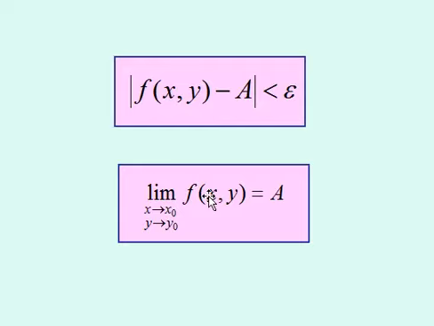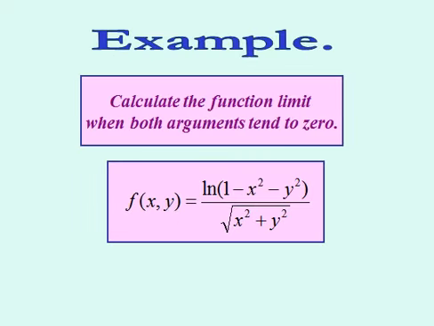So how to find the limit of a function of two variables? This expression means that the limit when x tends to x0, y tends to y0 of f of x, y is equal to a. And how to find, for example, such a limit of a function equal to natural logarithm divided by square root of something?